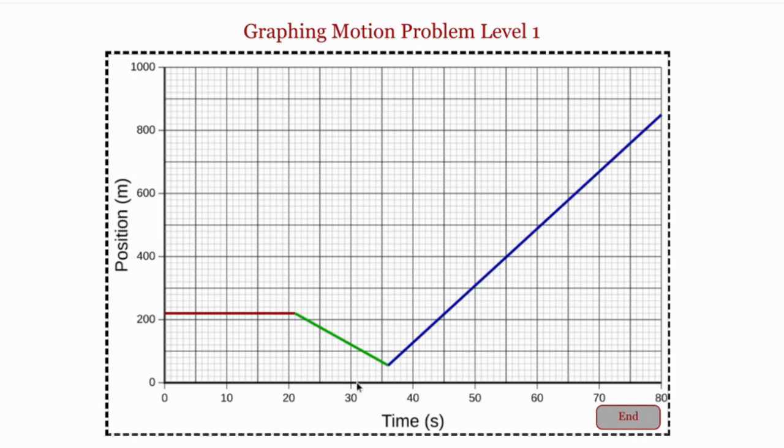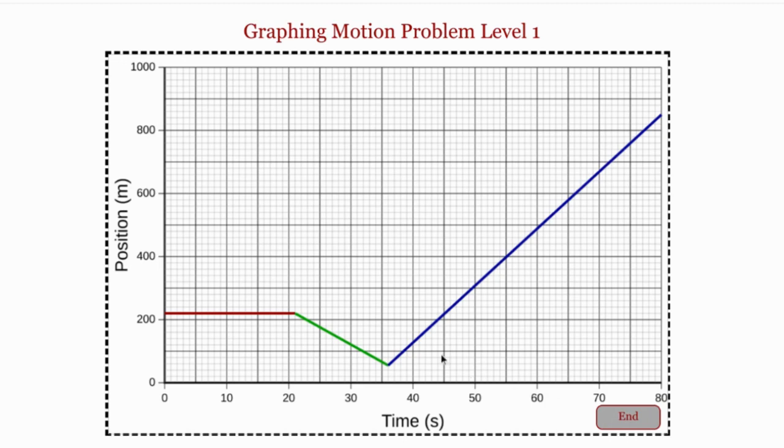Now, the next time that might be pretty good is right here. That's 32 seconds. It's at 100 meters, okay? So the slope would be 100 minus 220. It's going to be a negative answer, which is a negative slope, which is correct. So 100 minus 220 divided by 32 minus 21. Okay, so that slope comes out to negative 10.9. Now, this program, you're going to need to put in the negative sign. It's going to look for that.